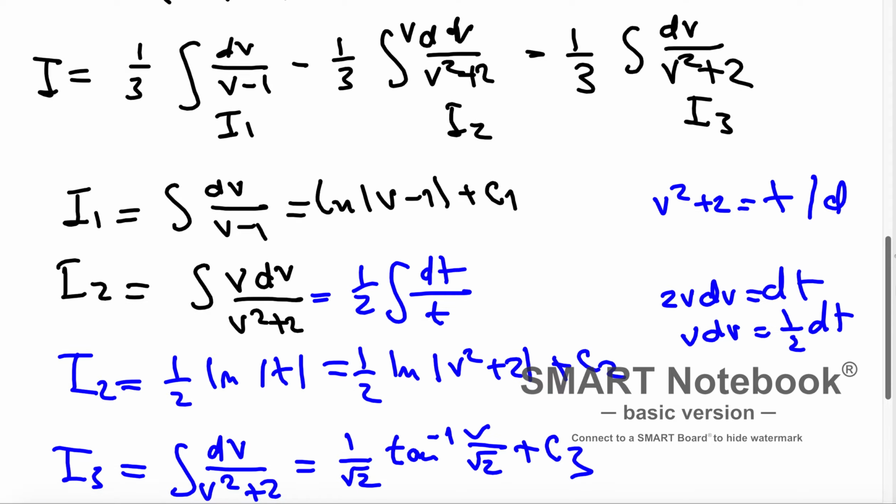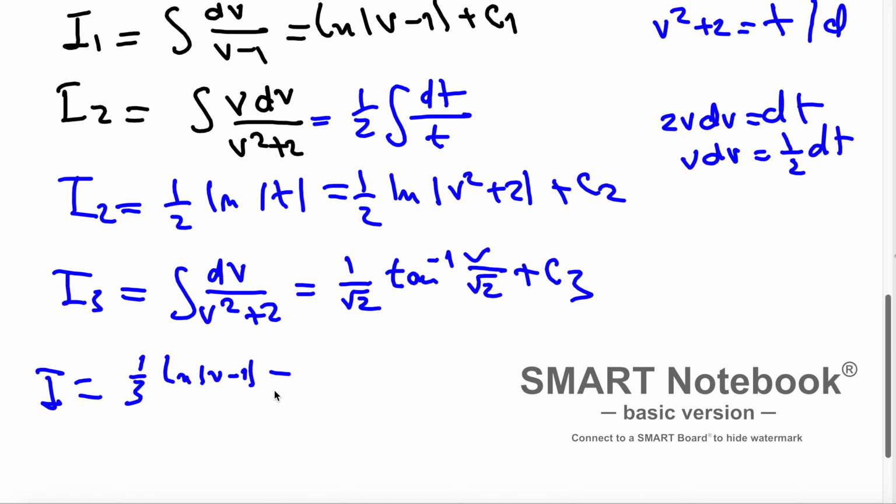So that's what we have, minus 1 over 3, and I2 we already have: 1 over 2 ln of v squared plus 2.